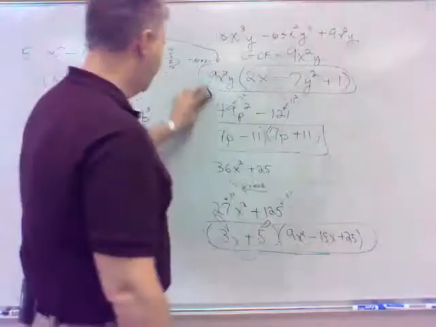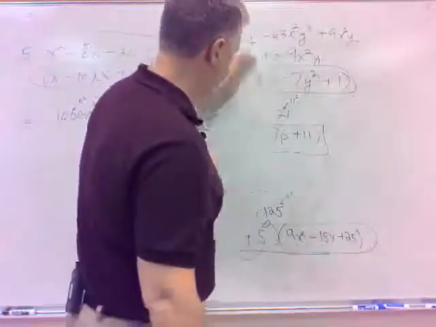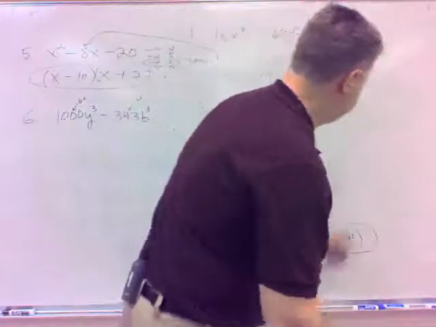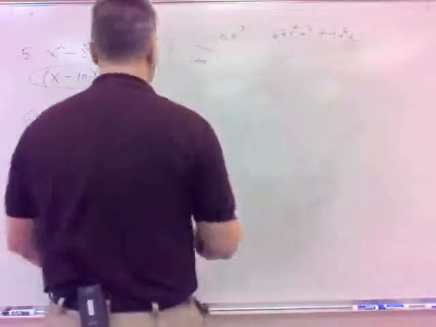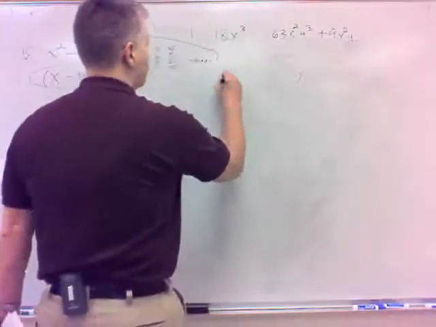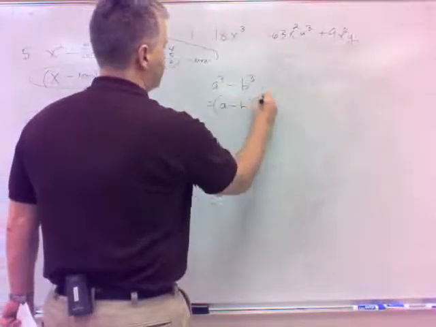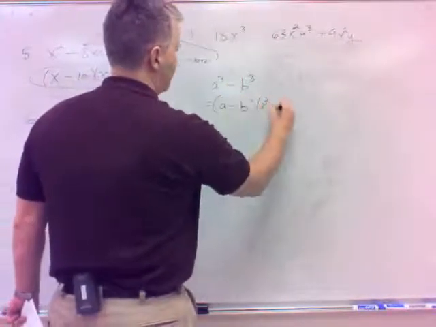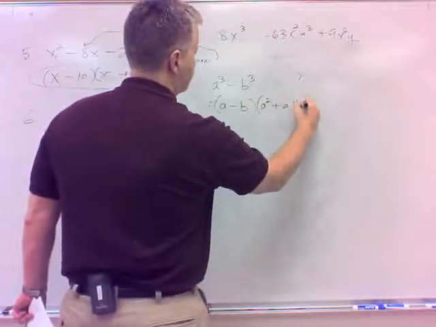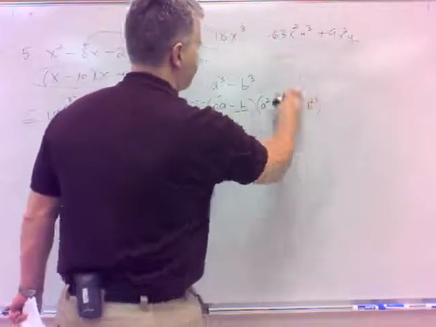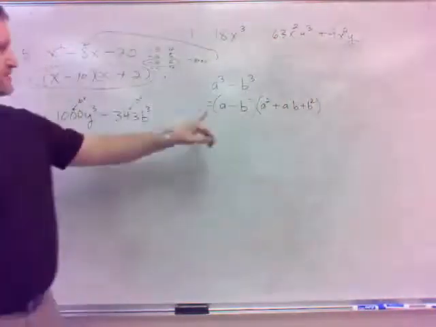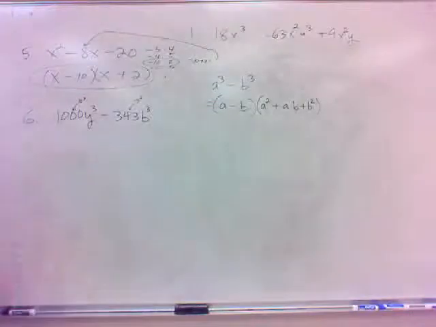But it's a difference of cubes, but that's a similar formula, isn't it, to the sum of cubes. It's a cubed minus b cubed. That factors, it's a minus b, then you do a squared plus a times b plus b squared. Right? Yeah, it changes to minus here, and that's a plus there.